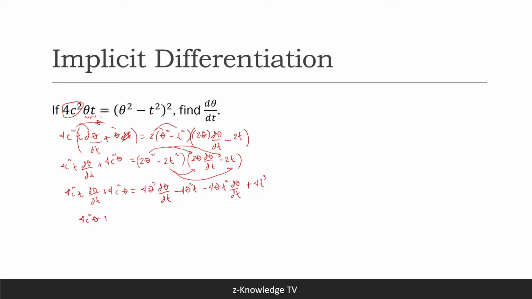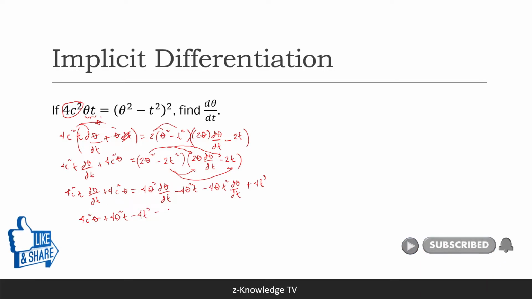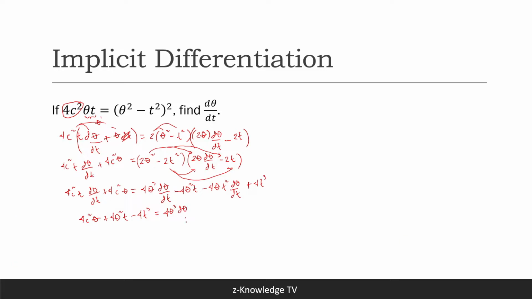So, pag nilito sa kabila is magiging plus 4 theta squared t minus 4t cubed is equal to 4 theta cubed d theta over dt minus 4 theta t squared d theta over dt minus 4c squared t d theta over dt. Okay, so ito yun nilipat na sa kabilang side.